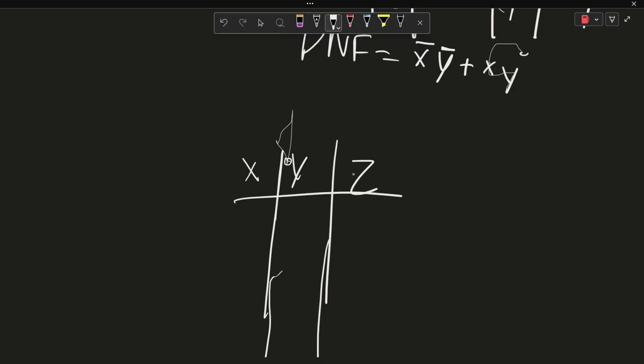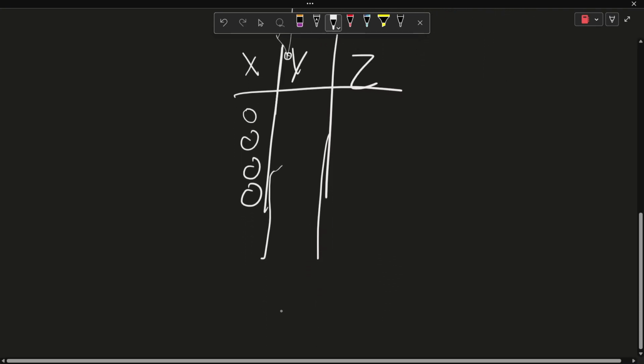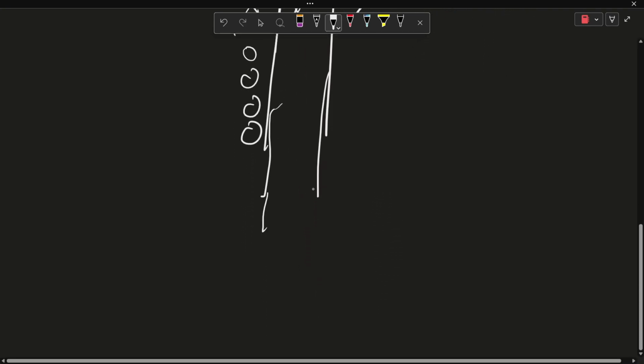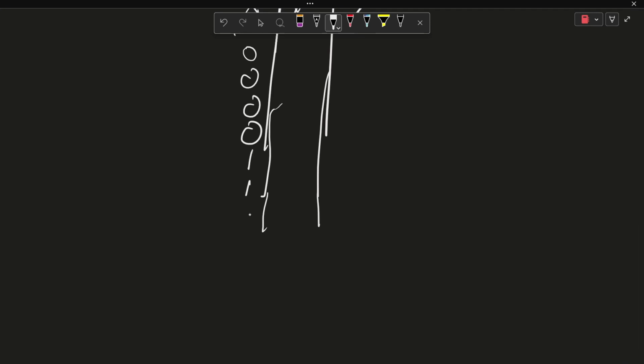No, it's 8, I think. 0, 1, 0, 0, 0, 0. Yeah, 8. So it's 1, 2, 3, 4. That's an easy way to set up truth tables if you haven't gone over this.